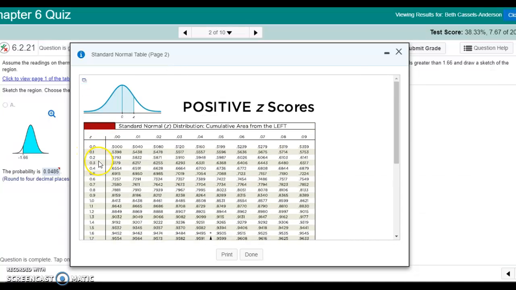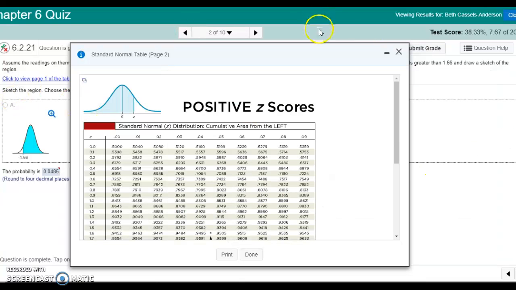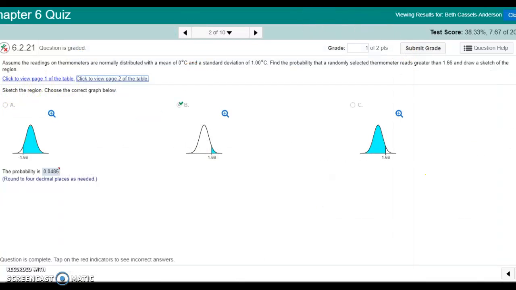Now let's look for the 0.27. 0.2 across the top, 0.02 on the left, 0.07 on the top, 0.6064. So 0.6064 is that area to the left of the 104.